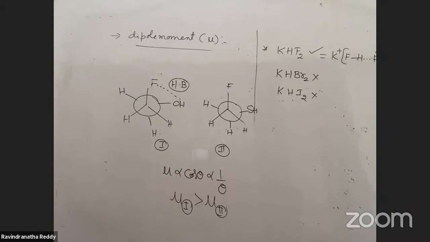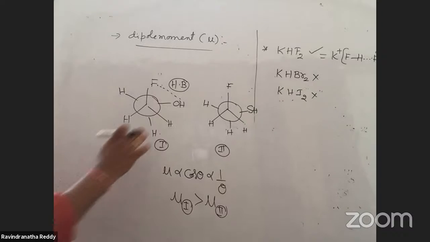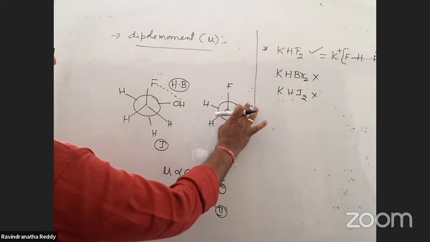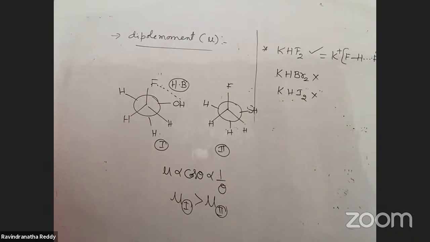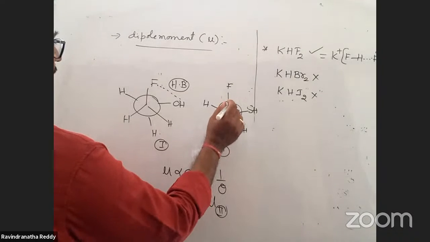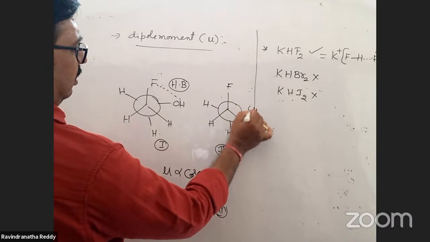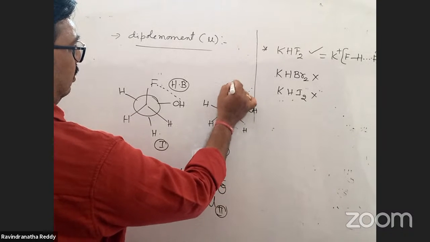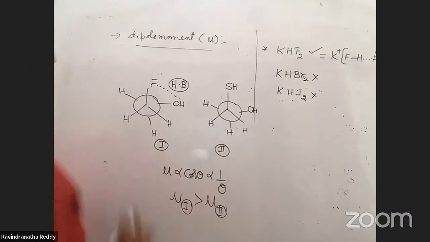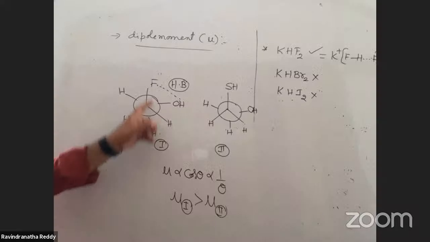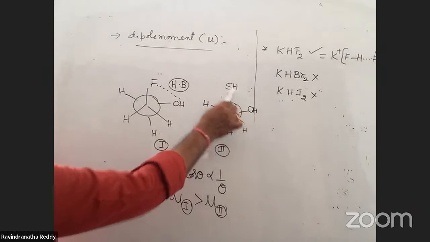First compound is OH, second compound OH. Take one OH, and for the other take SH. Sorry, OH. Here hydrogen, fluorine, hydrogen bond is possible. So here OH group, SH group.